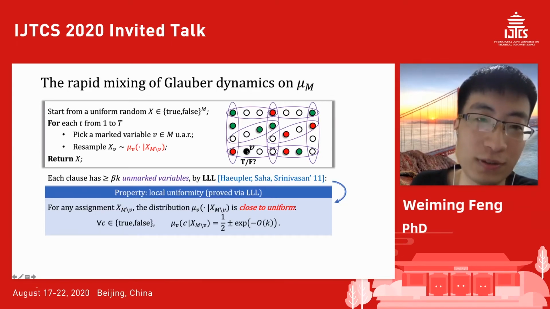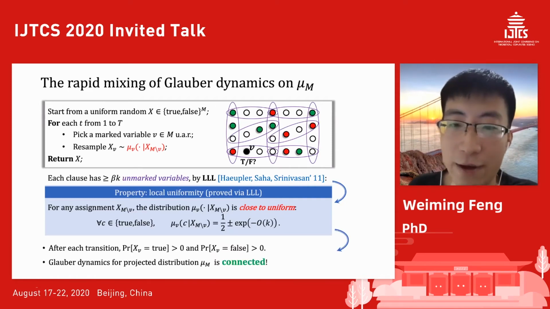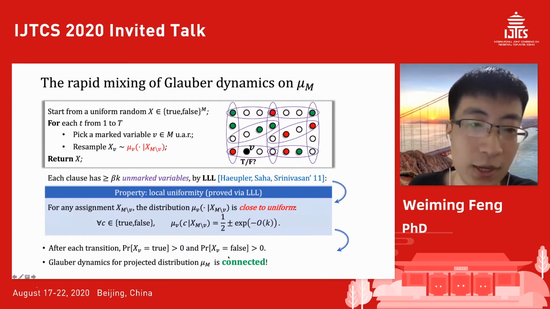So we can choose its value freely, either true or false. So after the update, the variable V takes true or false both with positive probability, which immediately implies the global dynamics on the projected distribution is connected.